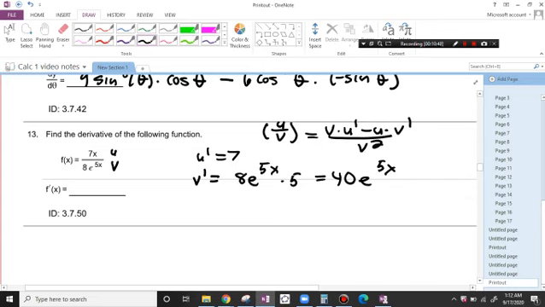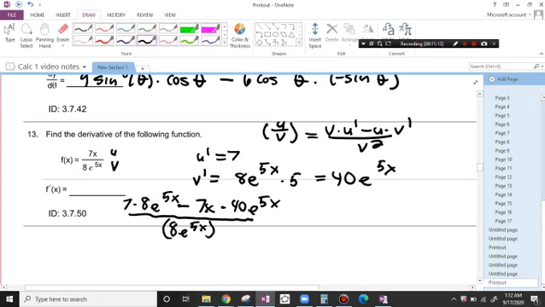We're just going to use the formula. This is equal to v 8e to the 5x times u prime, which is 7, minus u 7x times v prime 40e to the 5x all over 8e to the 5x squared.